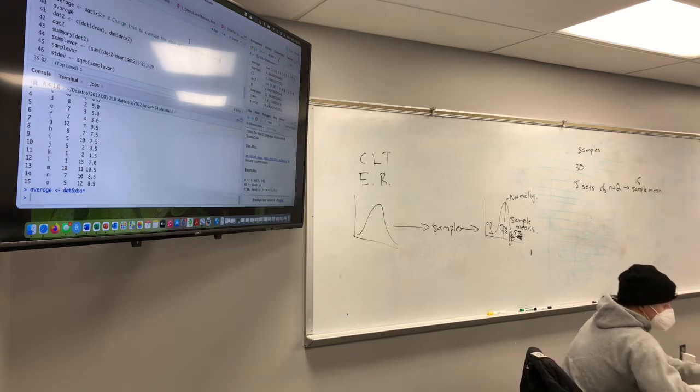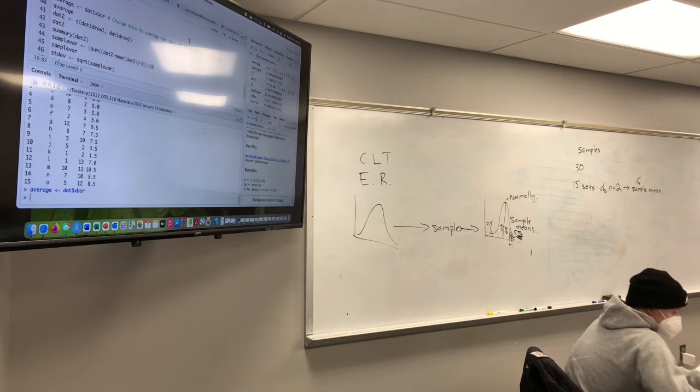Now we're at 15. Now we're going to calculate the variation of 15 samples of size 2, those averages. 15 different trials, each of sample size 2. Hopefully you'll see the point of all of this when we get to the end of it. Everybody get their average calculated?